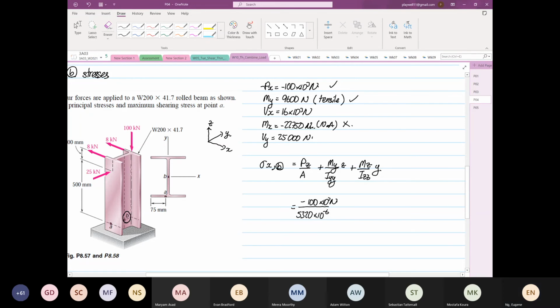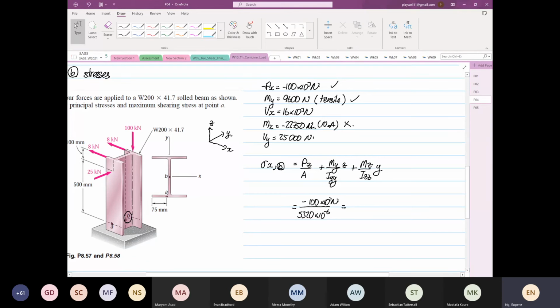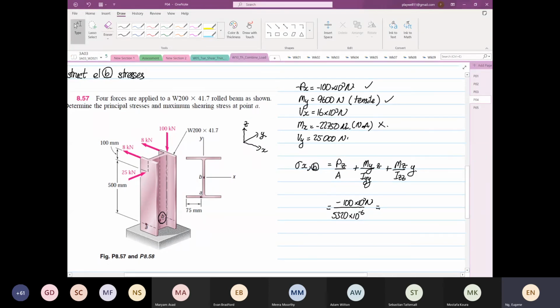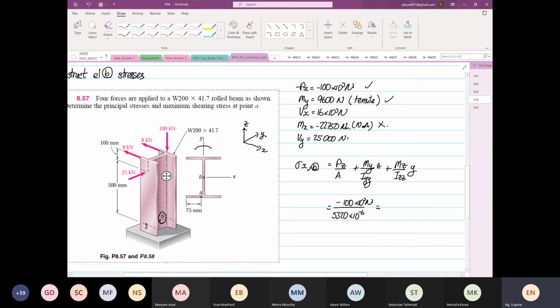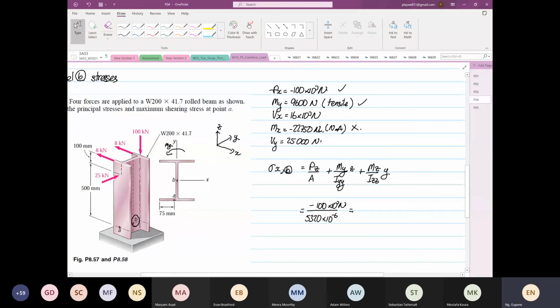Then if we look at moment about y, it is acting in a tensile manner. So moment about y, that is the direction. So it's going to be tension, plus by, I think I got this wrong also.